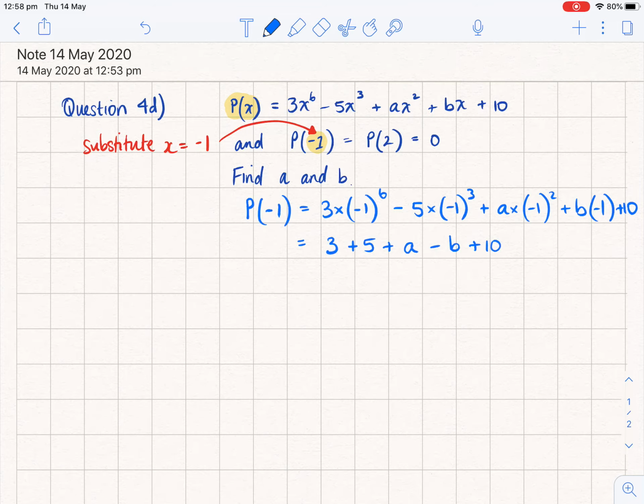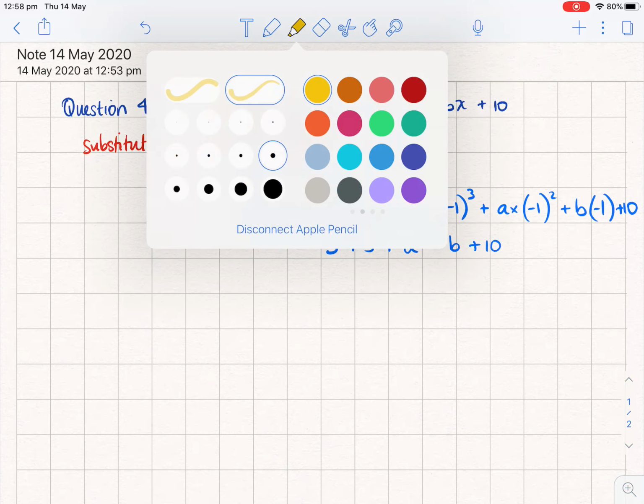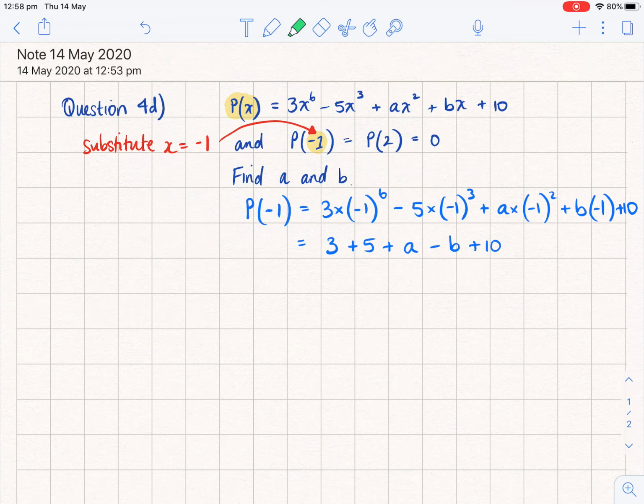What do I do with the left-hand side? Well, the hint is how they wrote this definition. It tells me that p of -1 and p of 2 are both equal to 0. So this expression here will be equal to 0.